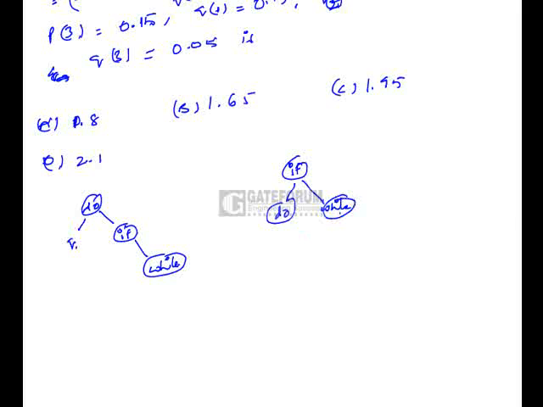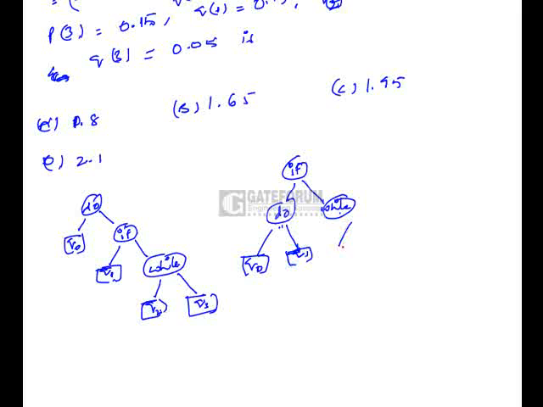Here it would be Q0. This would be Q1. This is Q2. This is Q3. And for this one it would be Q0, Q1, Q2 and Q3.